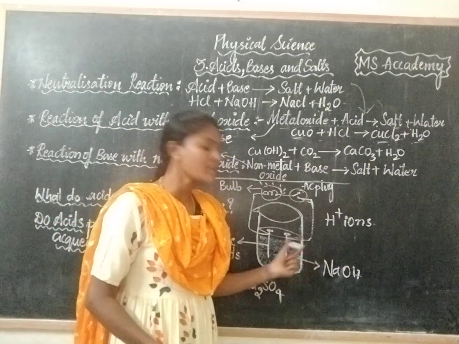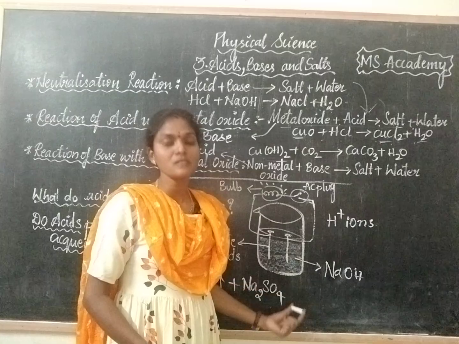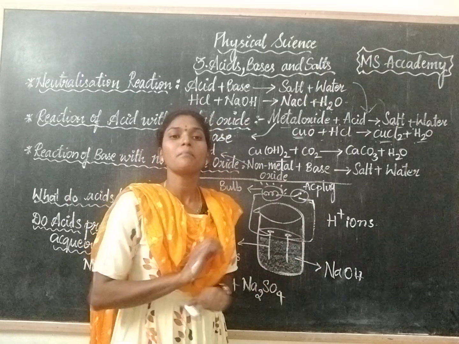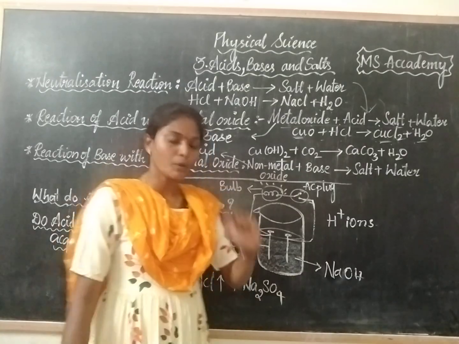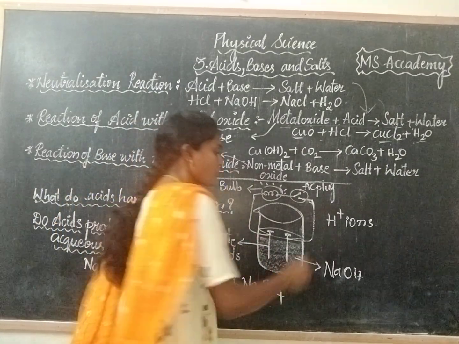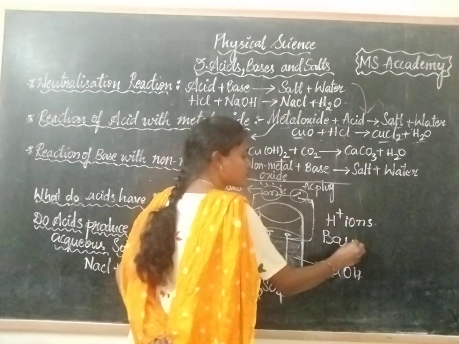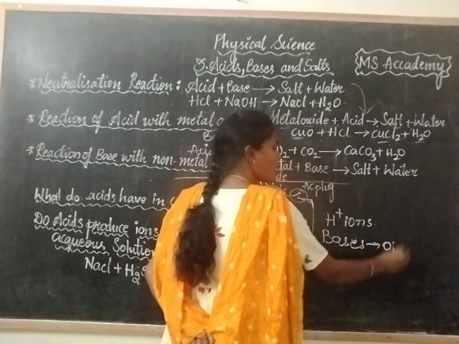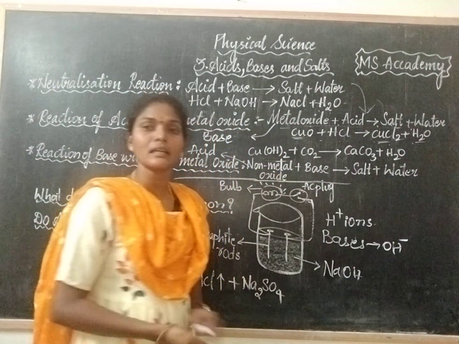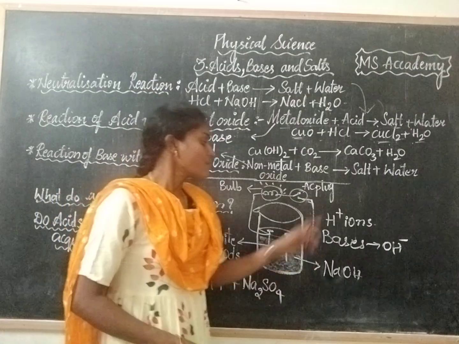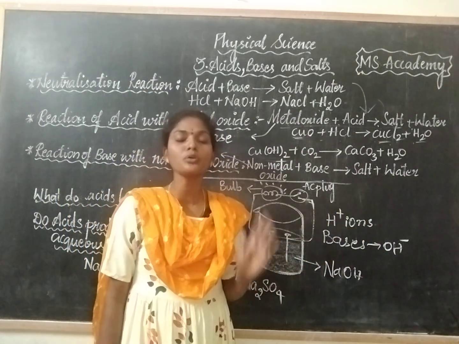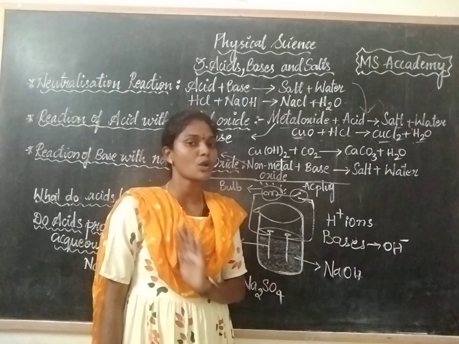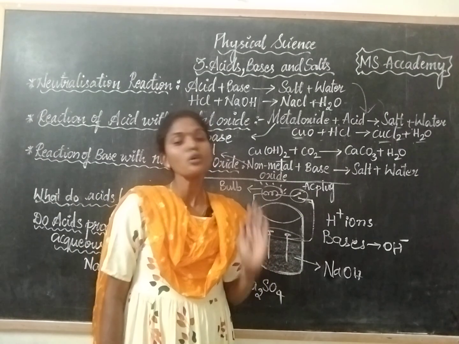When I take the base in this, the bulb will not glow. Why? Because bases contain OH minus ions. These OH minus ions are not responsible for the bulb to glow.